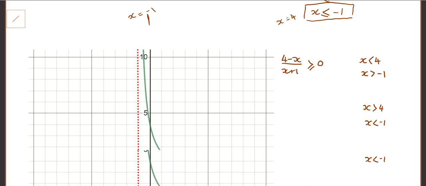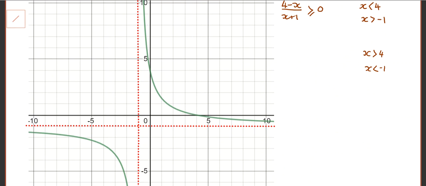So we looked at the graph, and we're trying now to decide which ones are applicable. We want where it's greater than 0, so that is where we start from this point here.